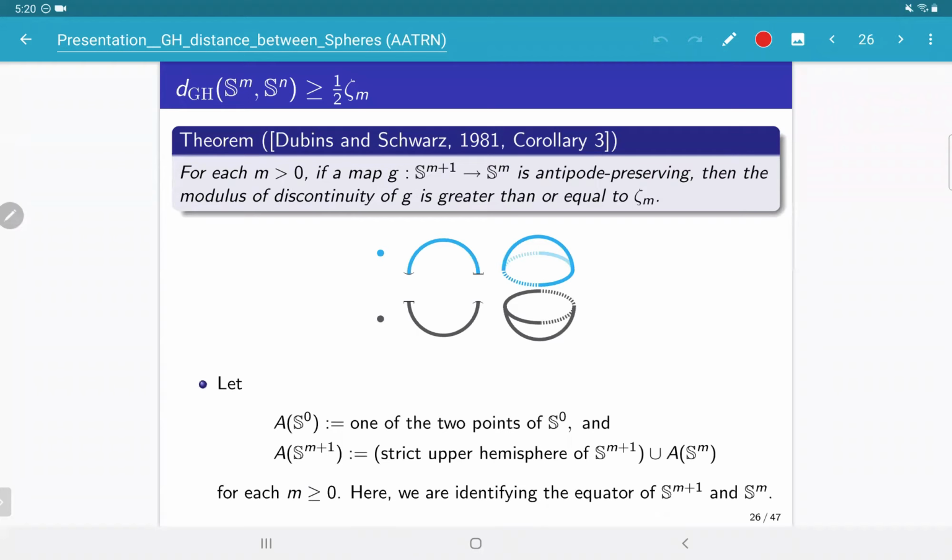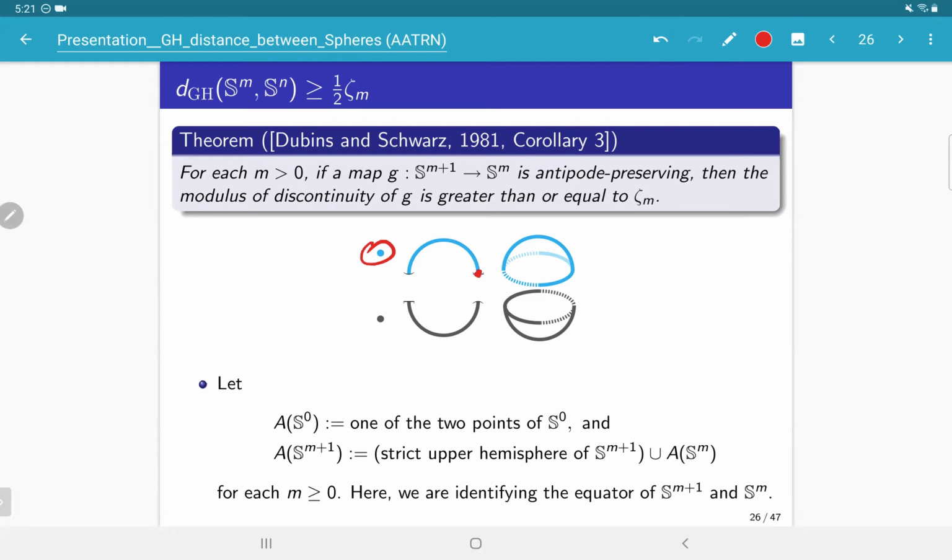Okay, so we need one more technical tool, which is A of Sm. For a non-negative integer m, A of Sm is a subset of Sm, and it is defined inductively. A of S0 is just one of the two points of S0, and A of S1 is the union of the strict upper hemisphere and A of S0.